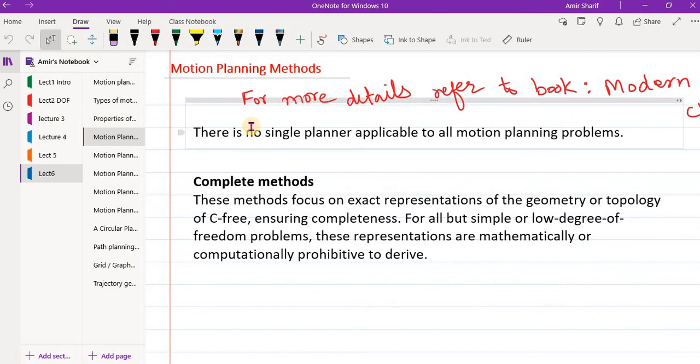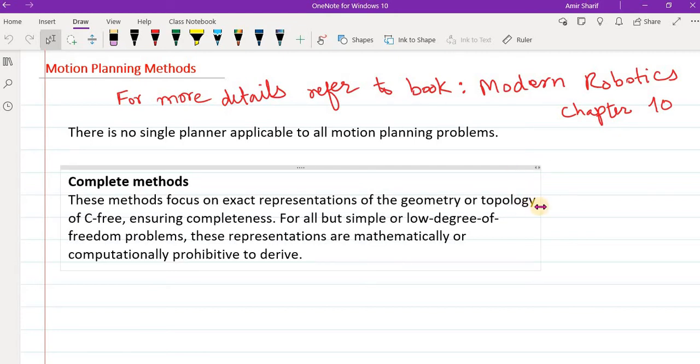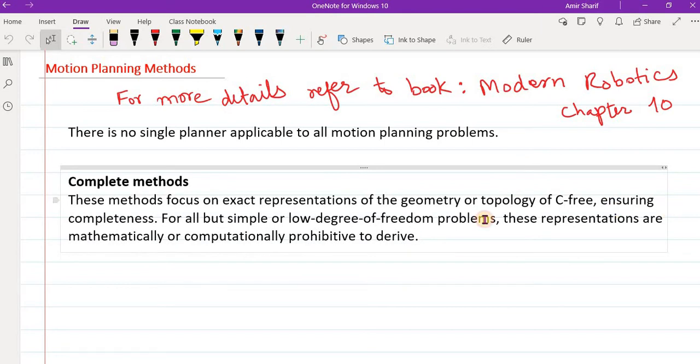Not a single method can be applicable for all motion planning problems. Every motion planning method we have available has its own advantages and disadvantages, and none of them is a perfect one that can be applied to every motion planning problem.